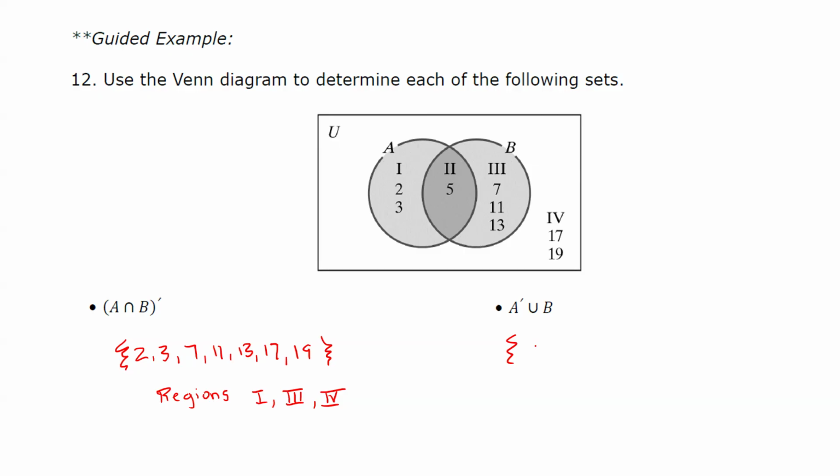In combination, we would have 5, 7, 11, 13, 17, and 19, which would be regions 2, 3, and 4.